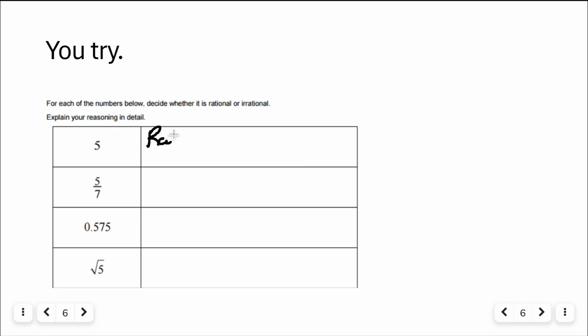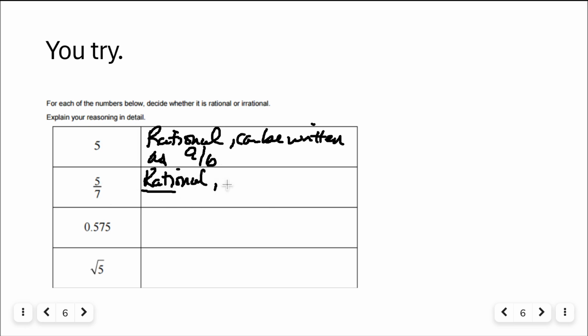5, it's rational. It can be written as A divided by B, right? It can be written as 5 over 1. 5 over 7, that's rational. It's a ratio. It's a fraction. 0.575, that's rational as well.